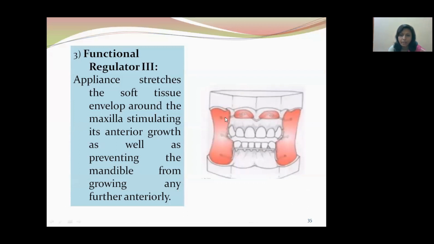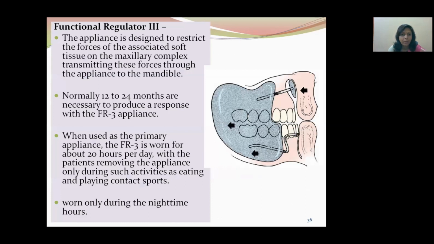These wire components are designed in a manner so that they will enhance the growth of the maxilla in a forward direction, whereas they will inhibit the growth of the mandible, thereby trying to achieve correction of the anterior crossbite. The appliance is designed to restrict the forces of the associated soft tissue on the maxillary complex, transmitting these forces through the appliance to the mandible.